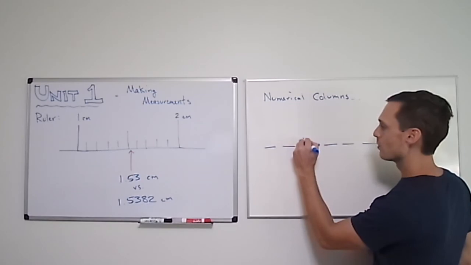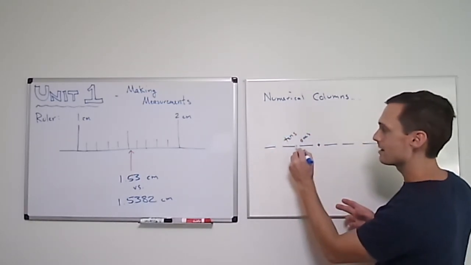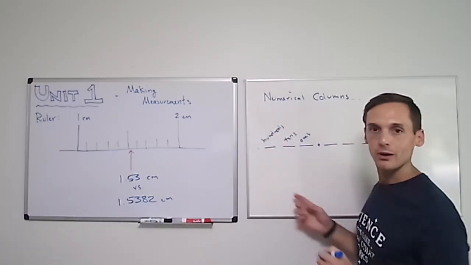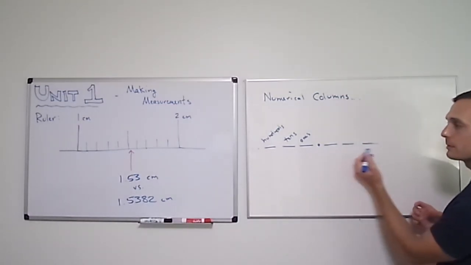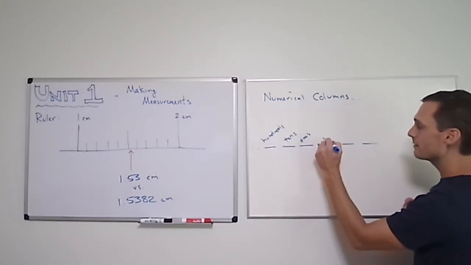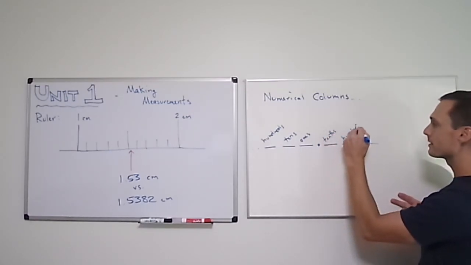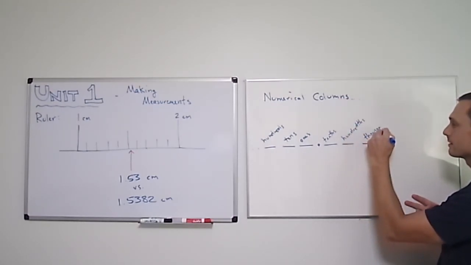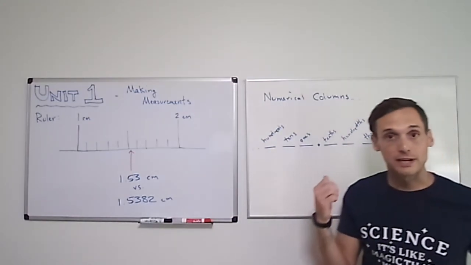This is the ones column, this is the tens column, this is the hundreds, and you could keep going: thousands, 10,000s, and so on. If you go to the right of the decimal, we have our tenths, and then our hundredths, and then our thousandths, and you could keep going in that direction as well.